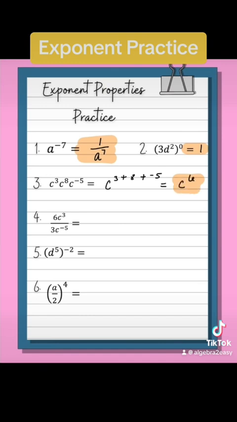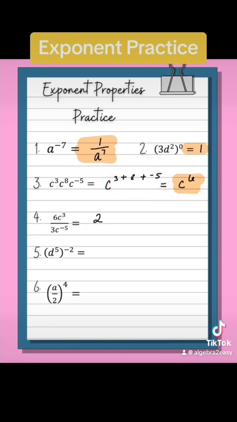Let's take a look at number 4. Here we have a quotient. Really what you're doing is you're going to divide your constants, and then we'll worry about the variables. So 6 divided by 3 is 2. Now for your exponents, because they have the same base, we're going to subtract those.